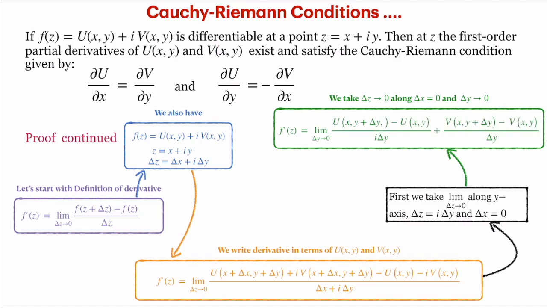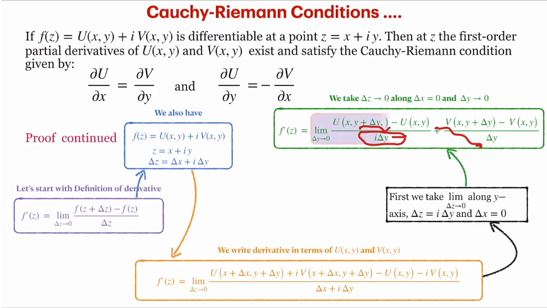Then we have f prime z equal to the limit as delta y goes to 0 of u of x, y plus delta y minus u of x, y divided by i delta y, because we are coming along the imaginary axis. The i gets cancelled in the numerator and denominator. The second term is simply v of x, y plus delta y minus v of x, y divided by delta y.